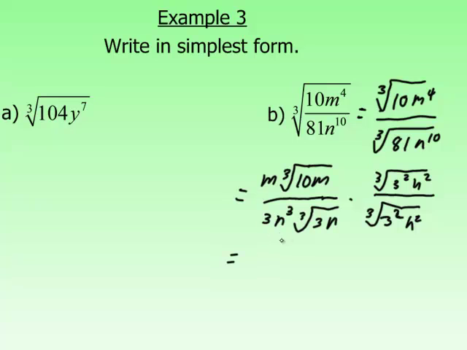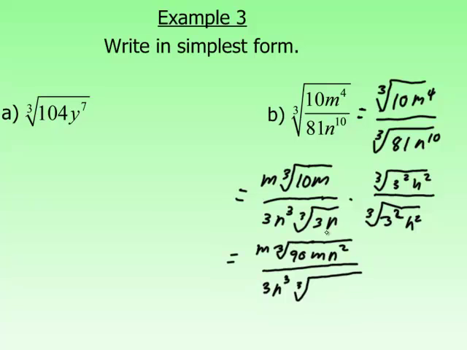Thus, that leaves me with the numerator, m cube root, 9 times 10 gives me 90, and then mn squared. Then in the denominator, I have 3n cubed, under the cube root.